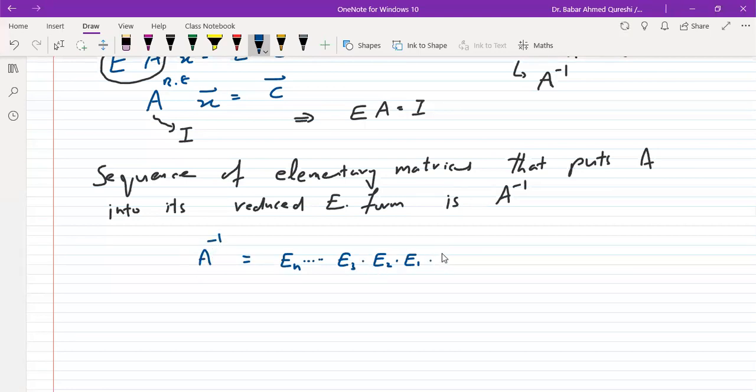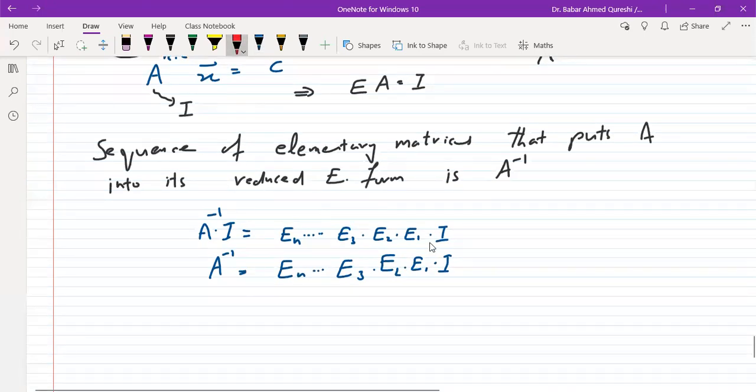I can just add an identity on both sides. That doesn't do anything. And keep it written like that on the right hand side.